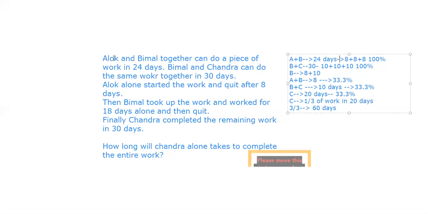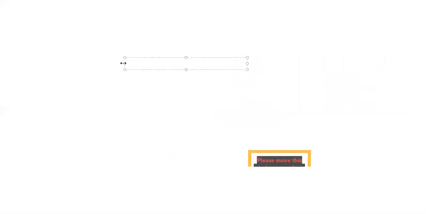Now try to do this. A can complete a work in 6 days. B can complete a work in 12 days.